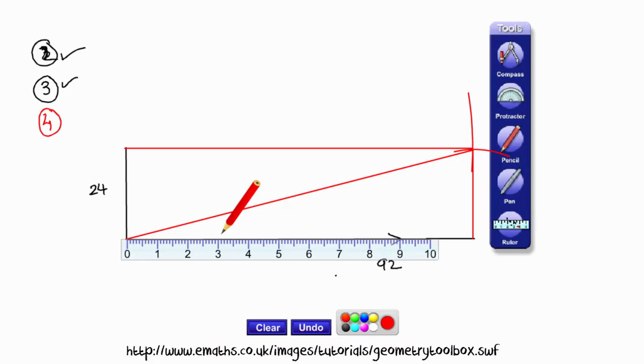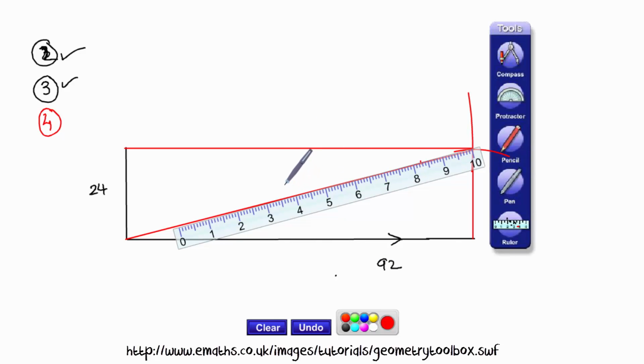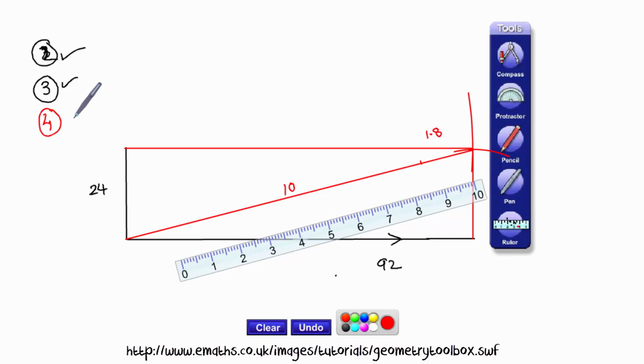Using the stamp tool, it's 1.7 or 1.8. I'm going to take it as 1.8 because that's somewhere in the middle. So the resultant size is 11.8.